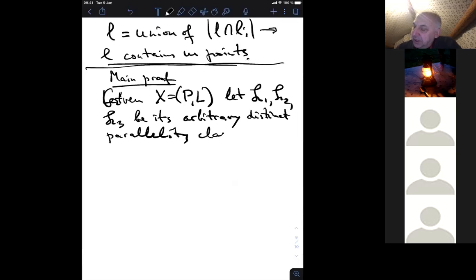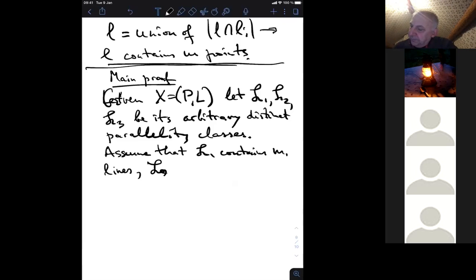We know that they exist, at least three of them. Assume that L1 contains m1 lines, L2 contains m2 lines, and L3 contains m3 lines.